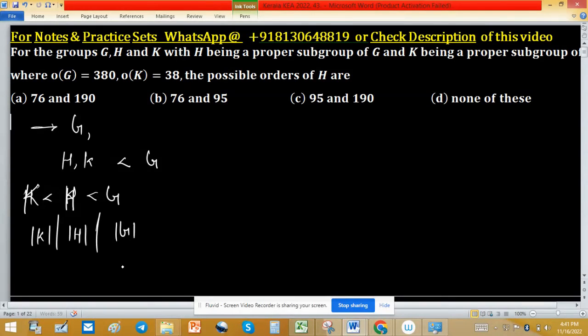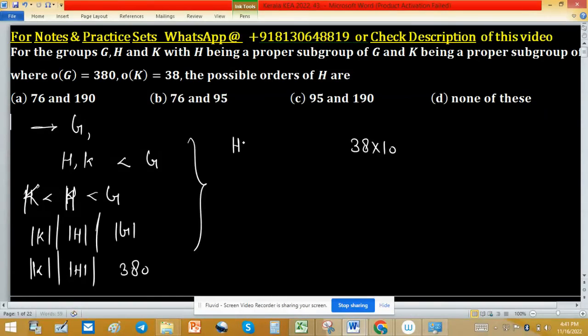Order of G is 380. So order of K will divide order of H and order of H will divide 380. We can write 380 as 38 into 10.